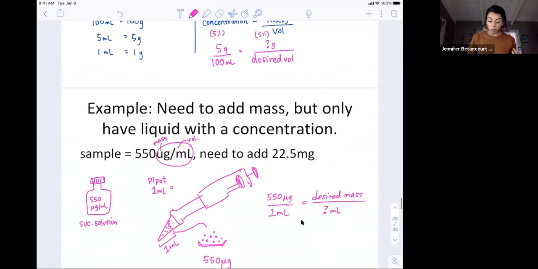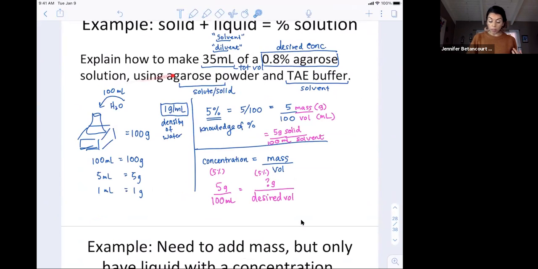And that goes back to what we said up here, that whole explanation that I had: any percent that you want to make, you're always going to put that value on the numerator, and that's the amount of grams you would want over 100 milliliters. This value comes from the density of water. Well, actually this whole value.